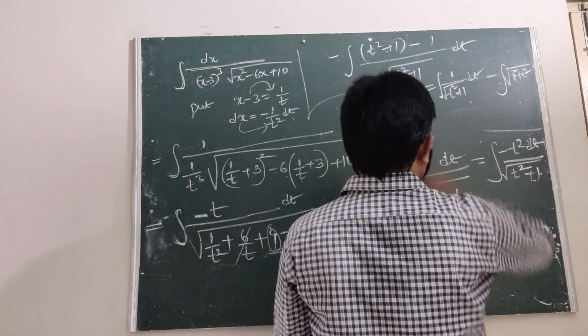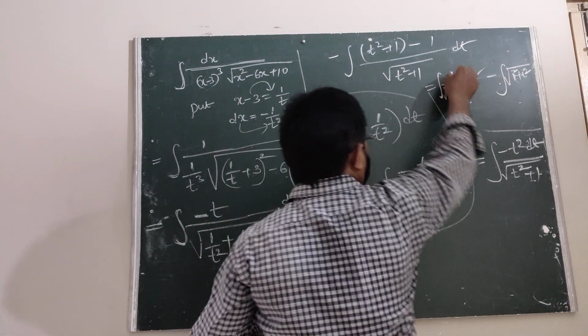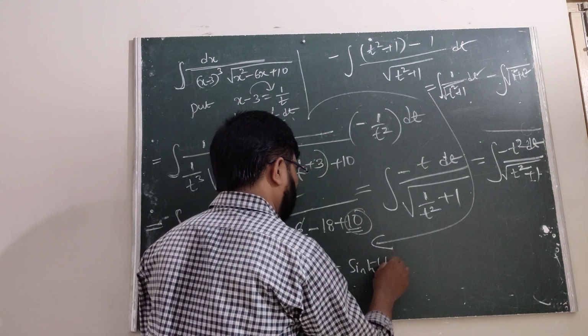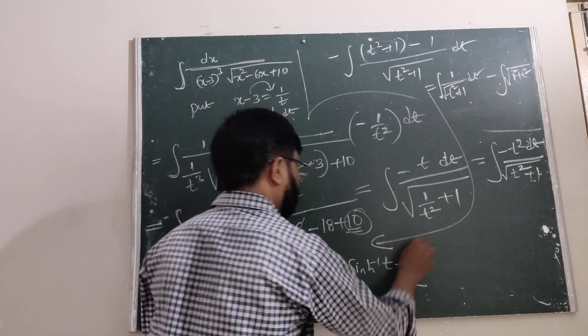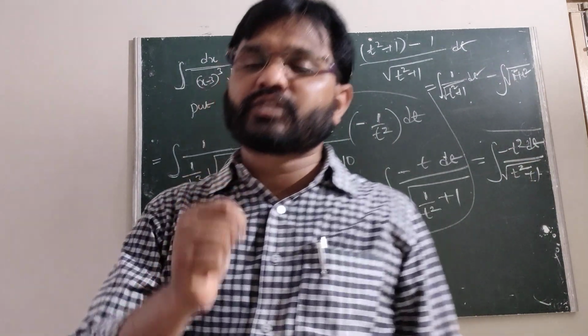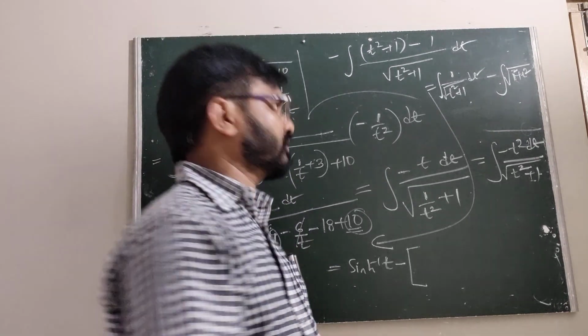Now we can write here, 1 upon root of t square plus 1 is sine h inverse of t, minus of the form of a square plus x square, which is x by 2 into root of a square plus x square.